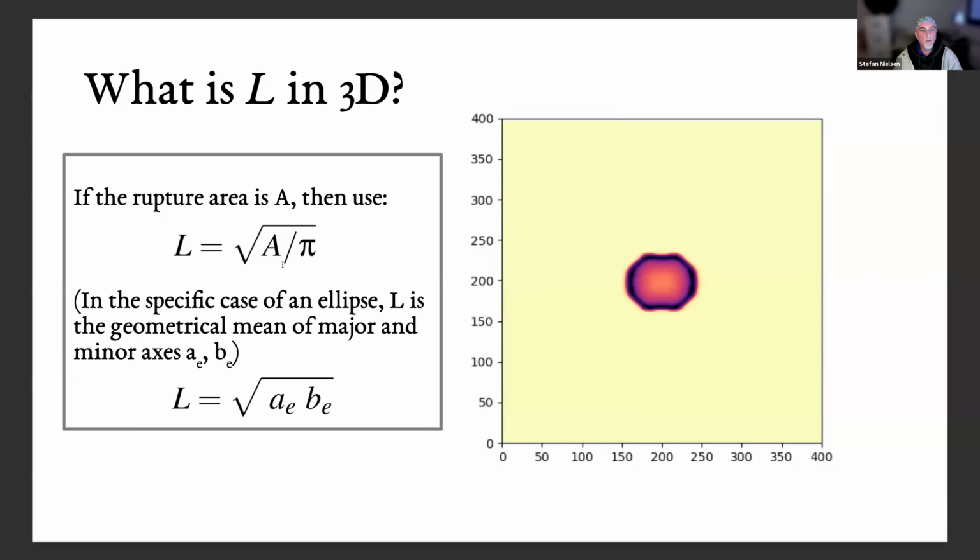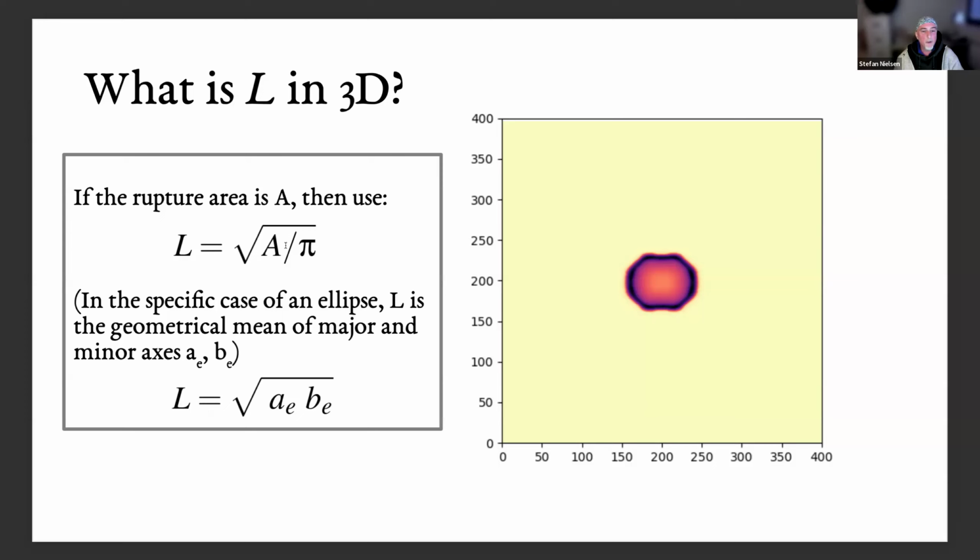And if we take the square root of the area divided by pi, it corresponds to the case of an ellipse, where you take basically the average of the small axis and the large axis of the ellipse. But it's not just any type of average. It's called the geometrical mean, and it's the square root of two quantities multiplied together.